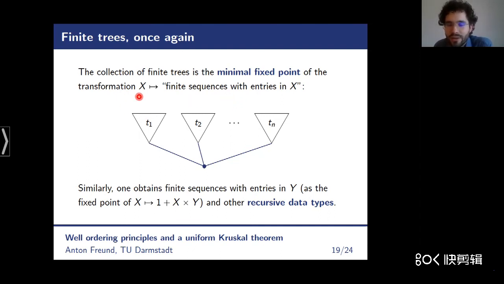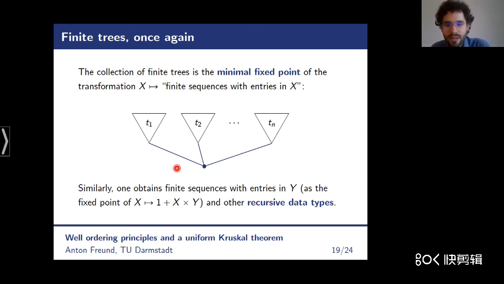And to get an element of the left side, so to show that we have a fixed point, it suffices to combine this finite list of trees into a new tree. And you can do that simply by adding a new root node and connecting this root to the finite list of given trees.